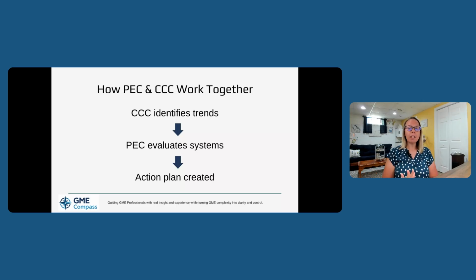The CCC identifies this trend and recommends it to the PEC, and the Program Evaluation Committee will then evaluate the system. Then an action plan will be created. That is an appropriate workflow relationship. It's interesting because these two meetings work in a silo, but don't work in a silo at the same time. They really are intended to complement one another while having very defined individual purposes.